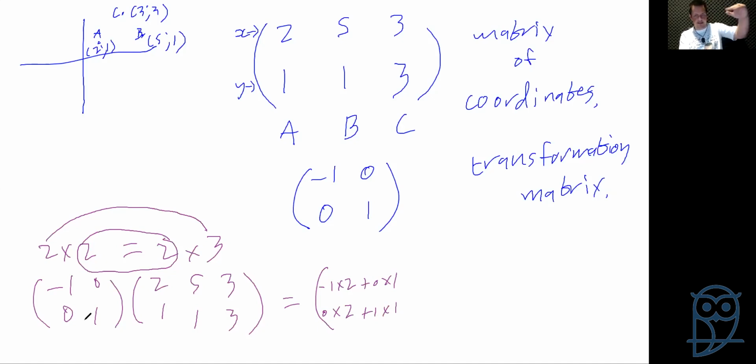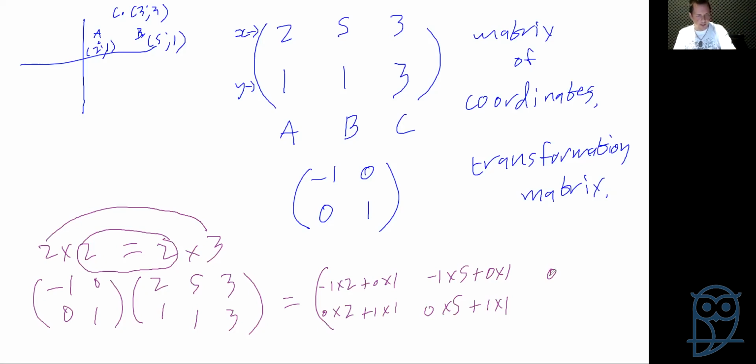So we're going across there on the left and down there on the right matrix. So then we move across a column. We go -1 times 5 plus 0 times 1 and 0 times 5 and 1 times 1. And then we move across a column again.